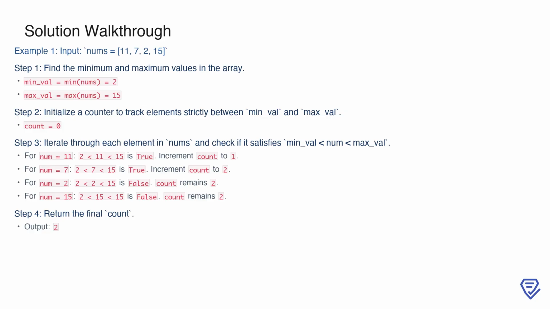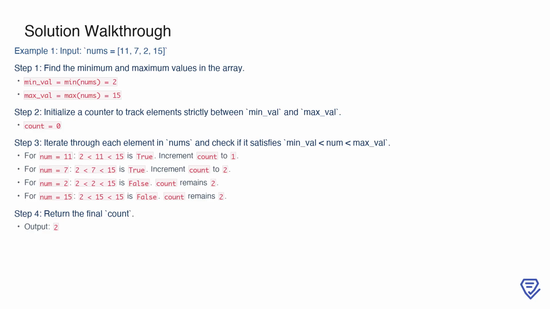Next, we initialize a counter, starting at 0, to keep track of elements that fall strictly between the minimum and maximum values. We then iterate through each element in the array and check if it satisfies the condition min_val < number < max_val. For 11, the condition evaluates to true, so we increment the counter to 1.